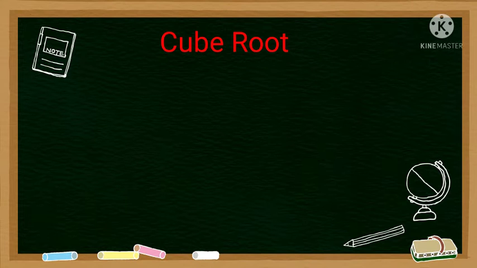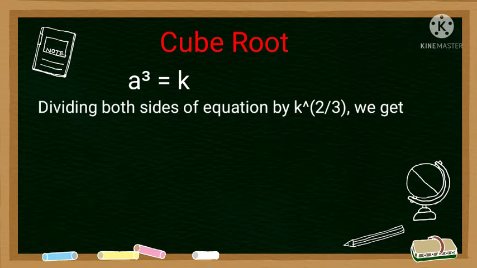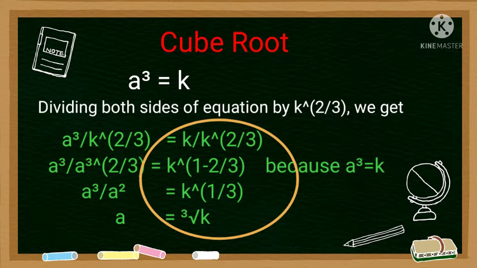Let us say we have a number a whose cube is k, that is a cube equals k. Now dividing both sides of the equation by k to the power 2 by 3, we get, on the right hand side, k over k to the power 2 by 3, which is equal to k to the power 1 minus 2 by 3, that is equal to k to the power 1 by 3, which is written as cube root of k.